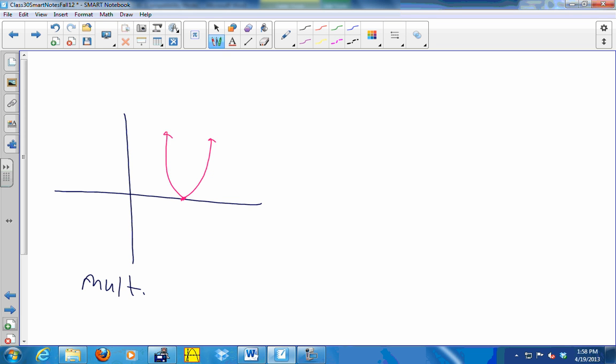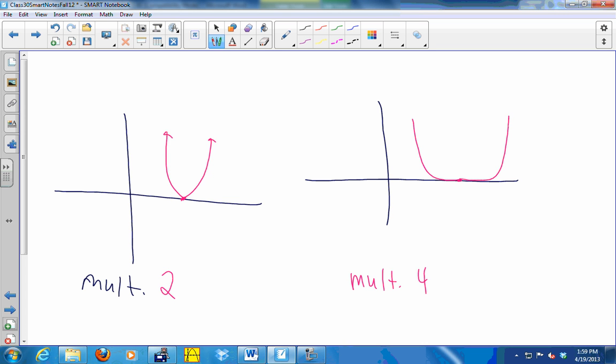And then multiplicity 4, a higher degree, might look like that, where it's flatter. But you can't really tell from the graph. We just know that the higher the multiplicity, sort of the flatter this gets, the longer it takes to go up.